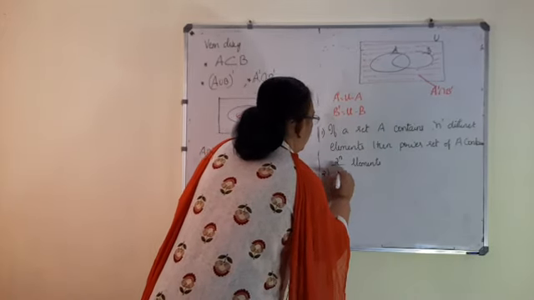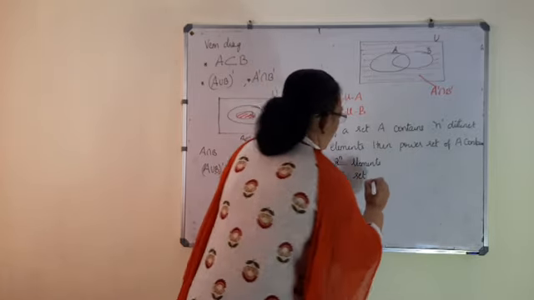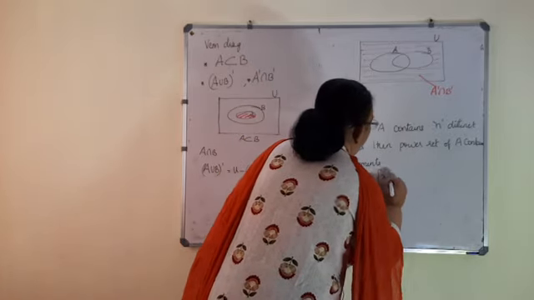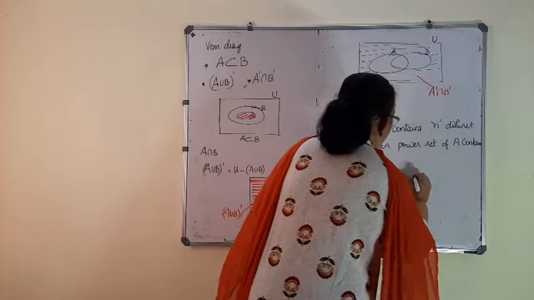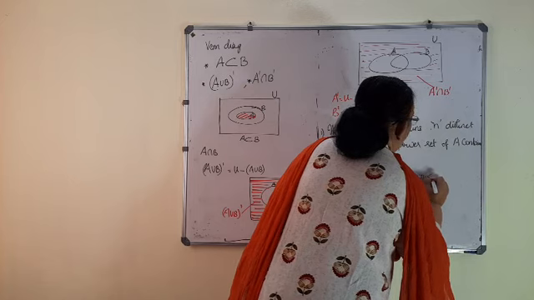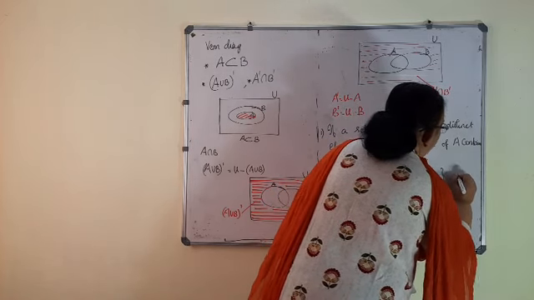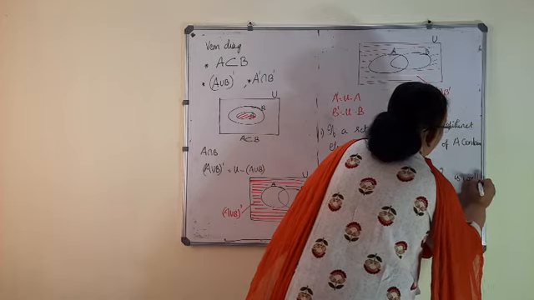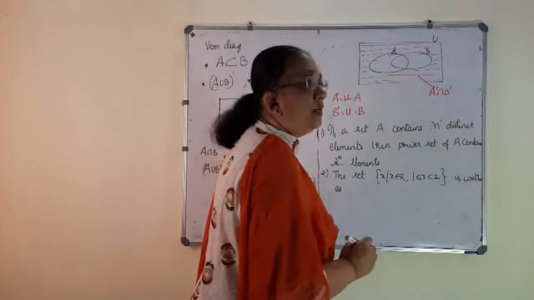The set of all x such that x is an element of R, 1 less than or equal to x less than 2, is written as what in interval form?